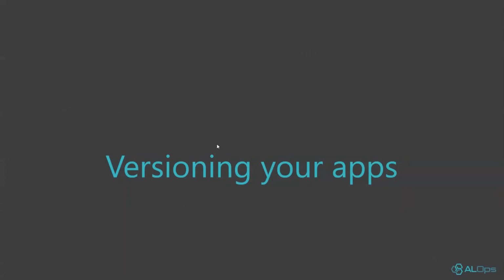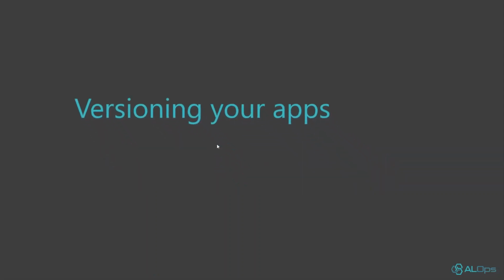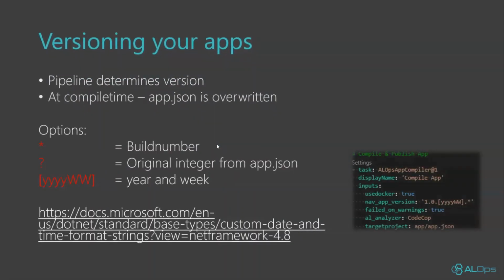There are just a few more things, and I have 5 minutes to show you that. It's versioning of apps, one of the topics that you wanted me to talk about. Well, it's quite simple actually. A YAML or build pipeline can version your apps, or basically should version your apps. Every single app that is being created into an artifact should have a version number that is higher than the previous build pipeline.